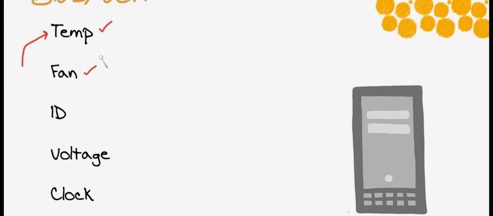The fan speeds. Maybe if your case has security on it, you can see if someone opens the case with what's called intrusion detection. The voltages running through your device can be monitored. Of course, the clock settings and the bus speed. The bus speed is basically referring to how fast things can be communicated in the circuitry of the computer.